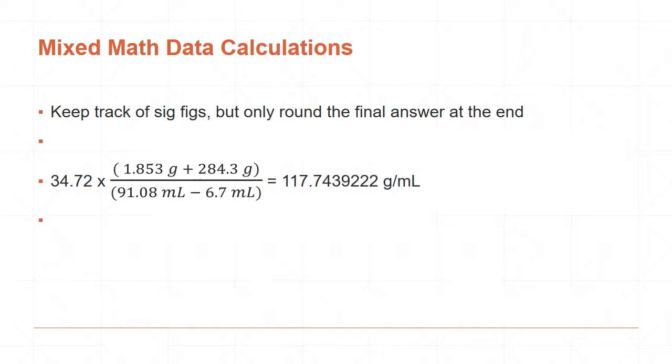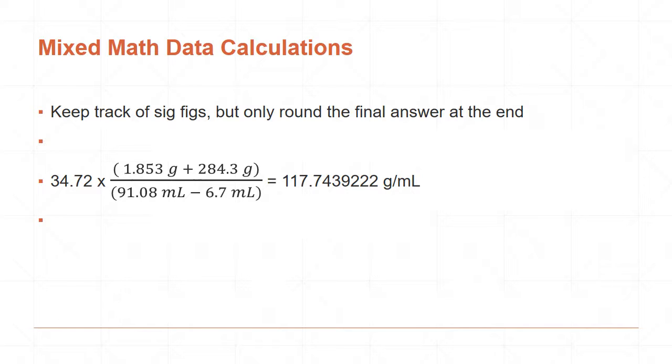The way you approach a problem like this is to not worry about rounding any of the intermediate steps along the way. Wait till you get to the very end to get what your calculator gives you, and then round only one time. So in this case, I'll take 34.72, I'll multiply by, in parens, 1.853 grams plus 284.3 grams.